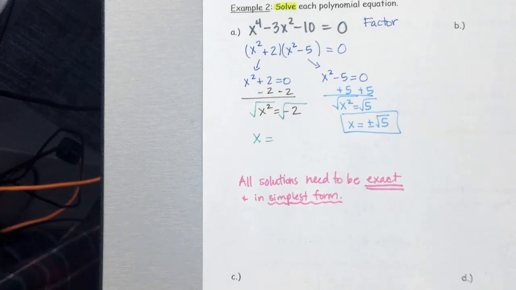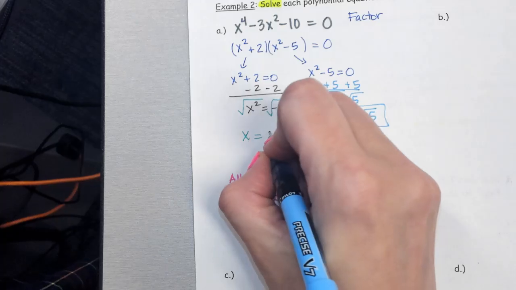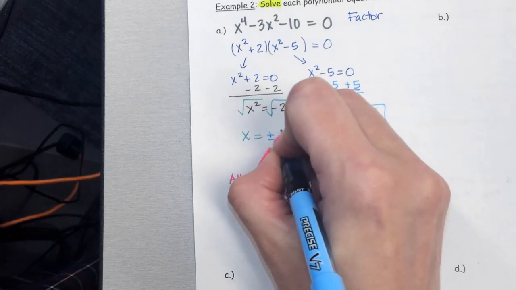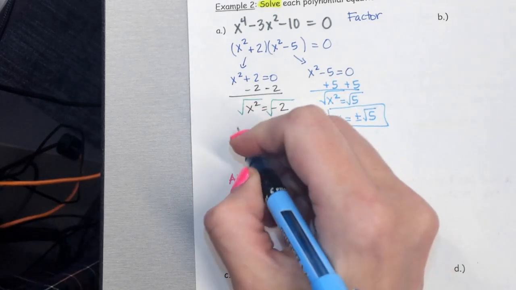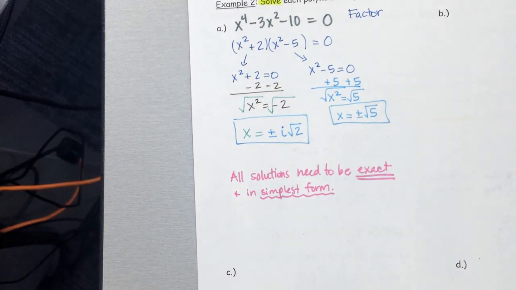Okay, and then Bella, how'd this one go? Yeah, good. Okay, so if you have a negative, you have to remember the i. So nice job. Okay, so we have i root 2, and then will you guys double check that you put the plus or minus in front?